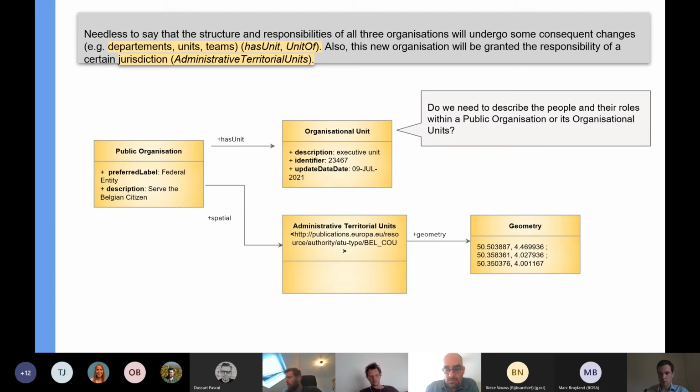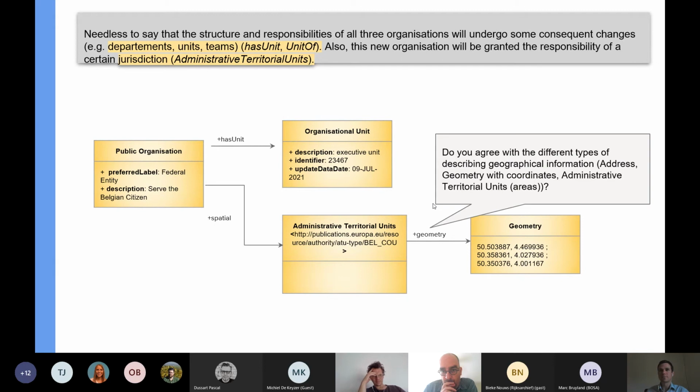We don't want to describe all the people present in an organization, just to be sure. And in any case, if it's a placeholder, you decide to what level of detail you go. Of course, yes. Okay, good. Then we will add this.